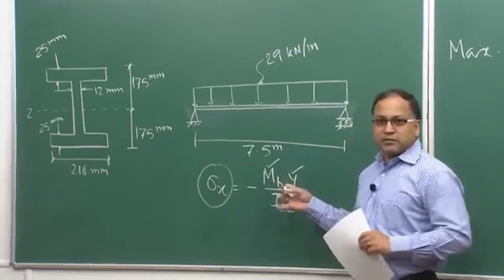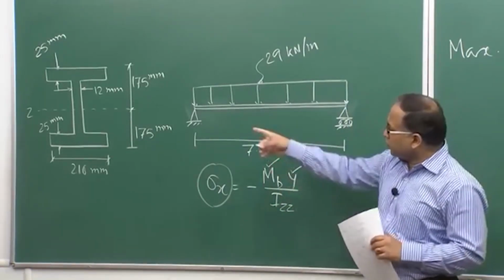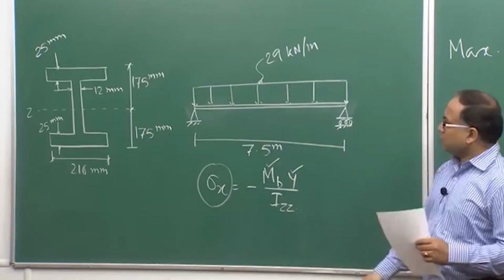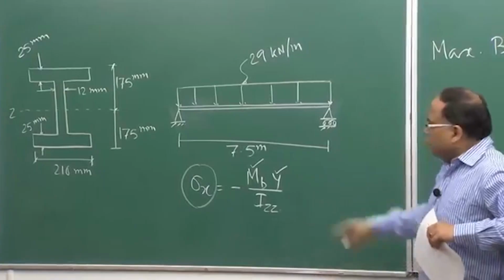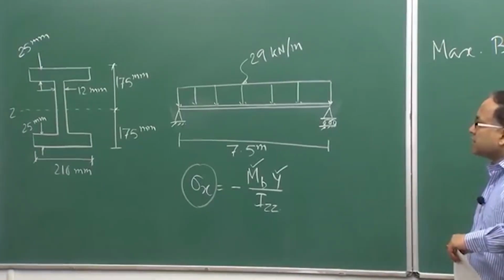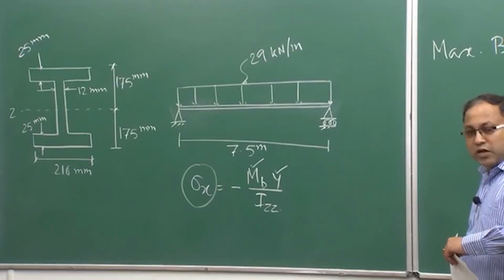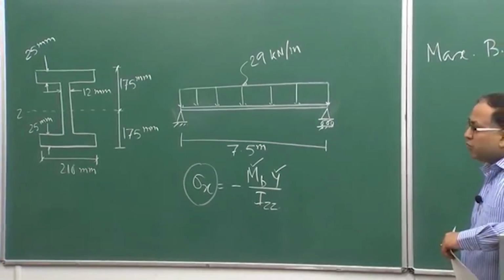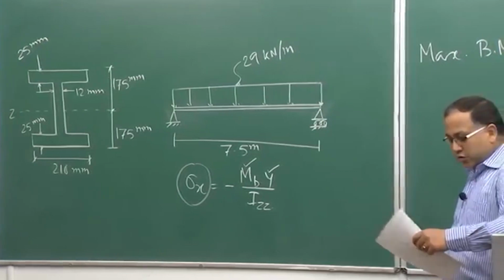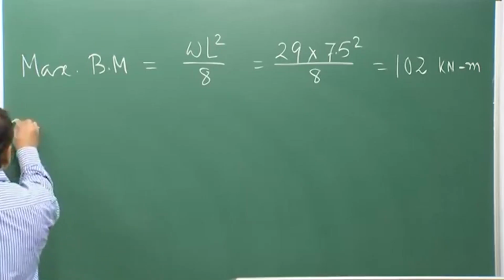Of course, the maximum value of y is also known to you, that is 175 millimeter, top or bottom, no matter. Now, you need to find out IZZ for this I beam, and I hope that you know how to find out IZZ for this kind of cross section. So, let us find that out.